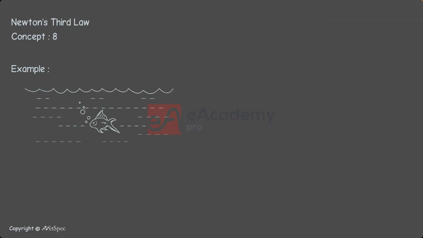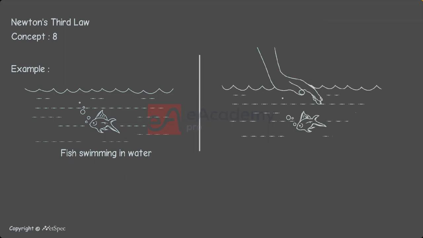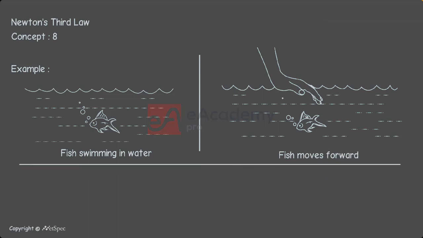There are many examples such as fishes swimming in water. By pushing the water, the fish swims forward. Another example is the rocket. The gas coming out from the rocket is an action and the rocket moving forward is a reaction. This is the concept about Newton's third law of motion.